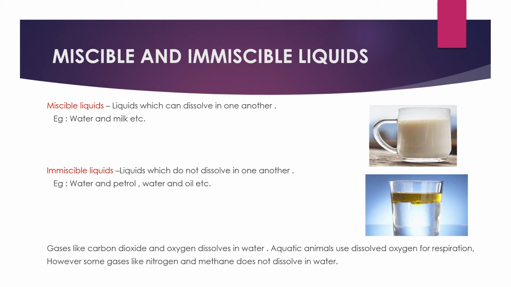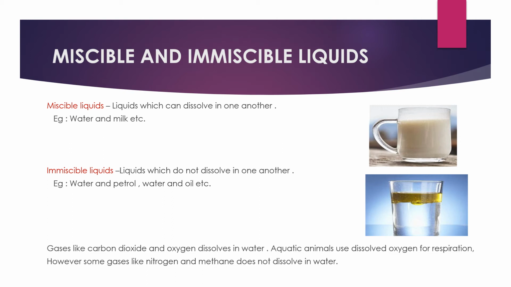What is a miscible liquid? Liquids which can dissolve in one another. A clear example is milk and water. When you take milk and add a glass of water to it, you will find that they mix together. The water is completely dissolved in milk and you cannot differentiate.